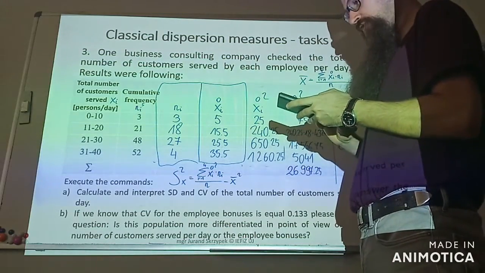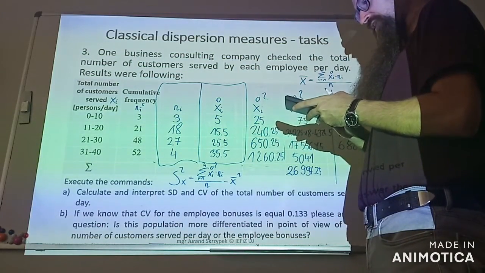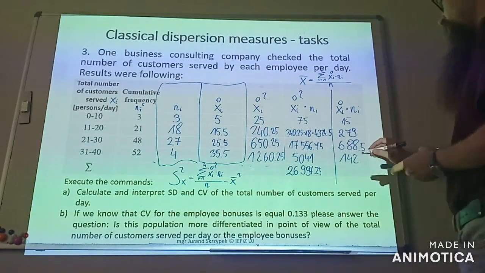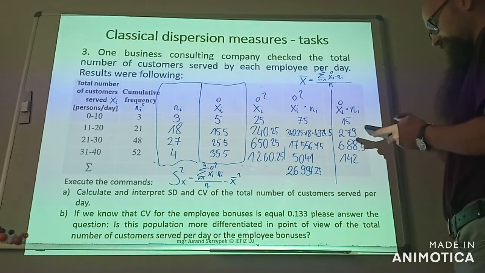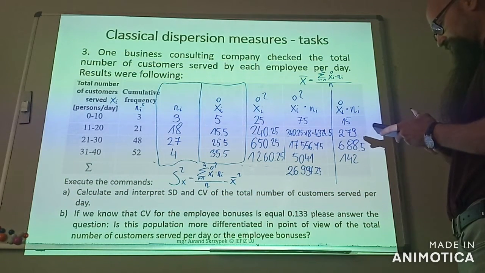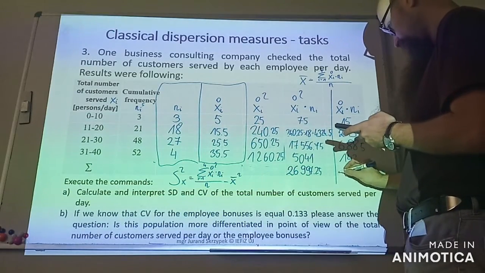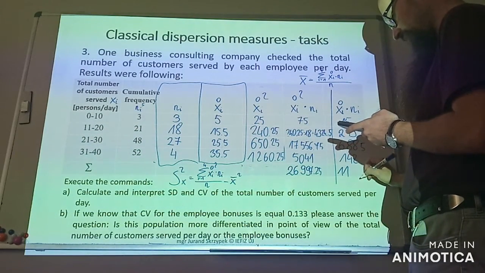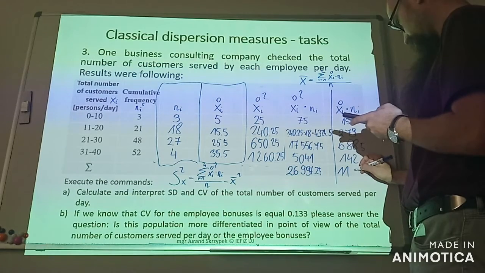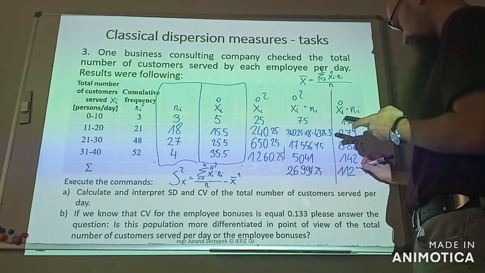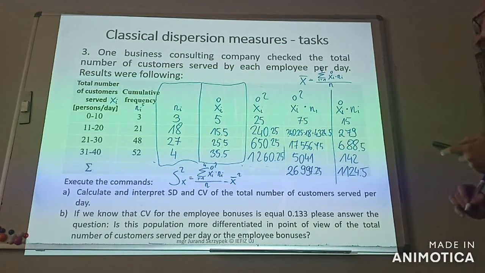And here we have 4 by 35.5, 142. 142 plus 688.5 plus 279 plus 15 is, ladies and gentlemen, sorry, not 11,000, 1,124.5.